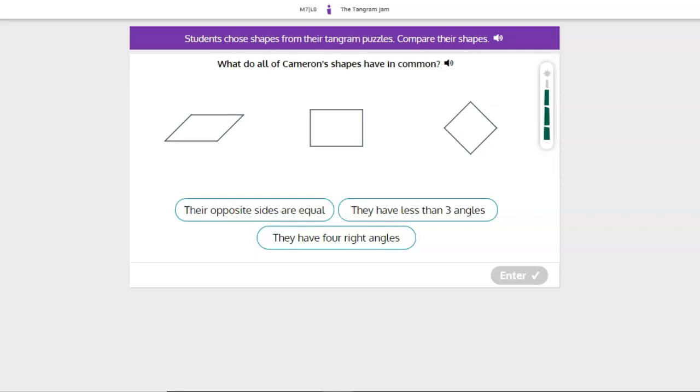Let's look at our next activity. Students chose shapes from their tangram puzzles. Compare their shapes. What do all of Cameron's shapes have in common? Do all 3 have opposite sides that are equal? Do all 3 have less than 3 angles? Or do all 3 have 4 right angles?